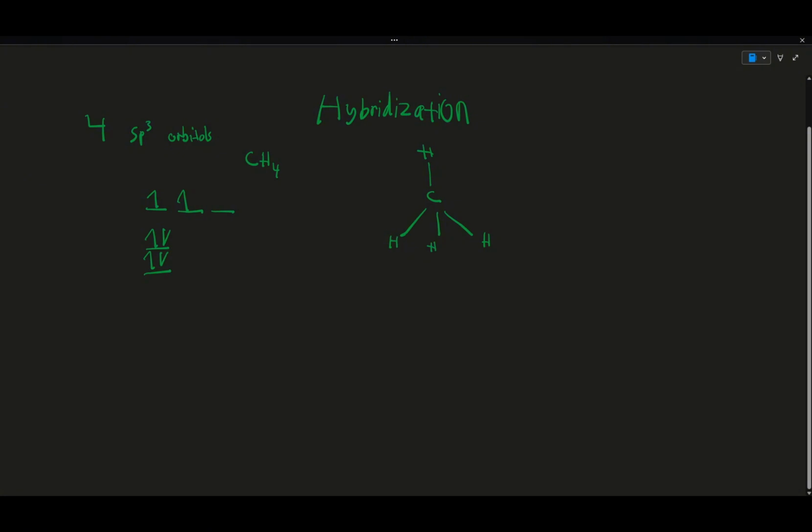Let's move on to a different example. Let's say we have this compound, ethylene, C2H4. If we were to draw out the structure, it would look like this: a carbon-carbon double bond, and then 2 hydrogens for each carbon.